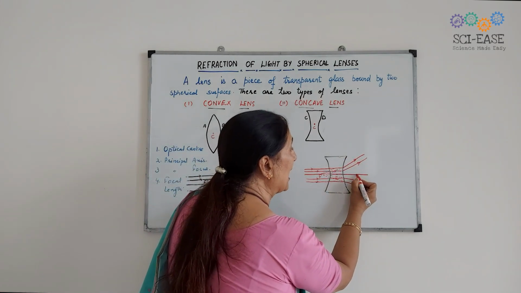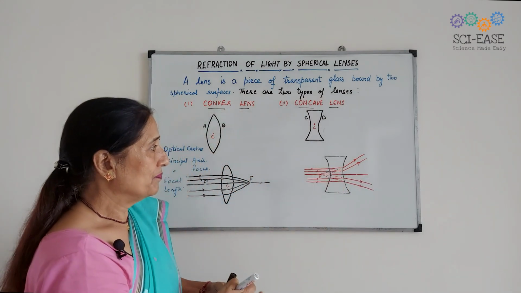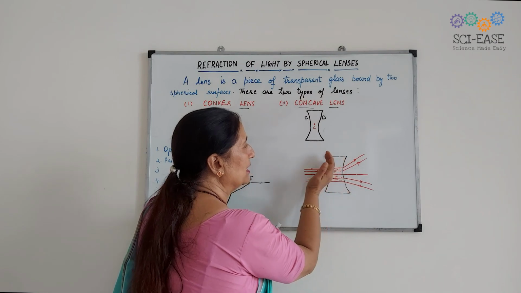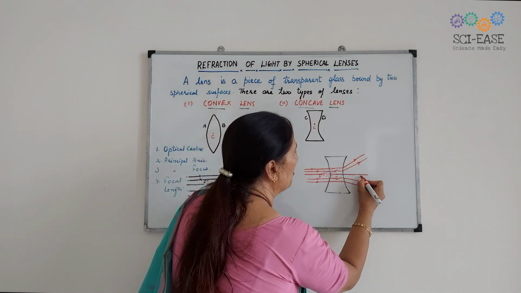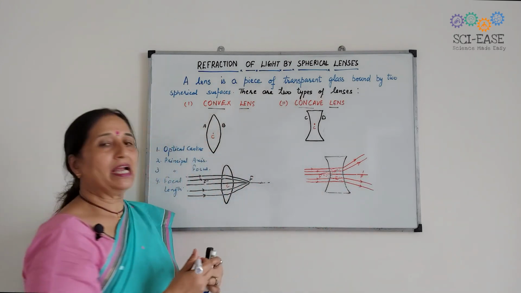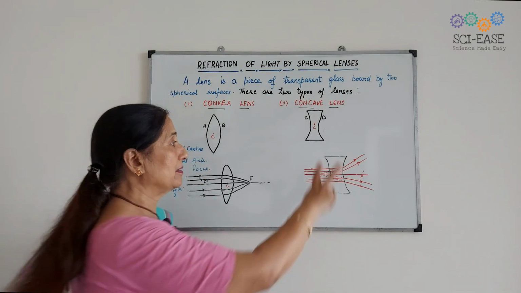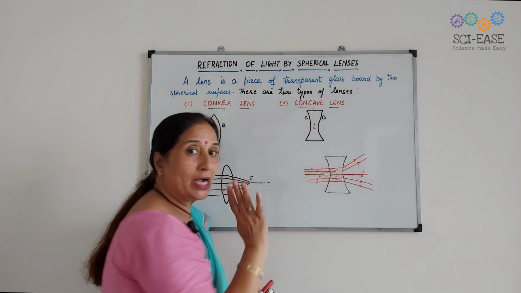Again, there will be an F if the rays start from this side. If the rays start from this side, they will diverge, and they appear to come from F dash. And the distance between CF and CF dash should be equal. Again, there are two principal foci.